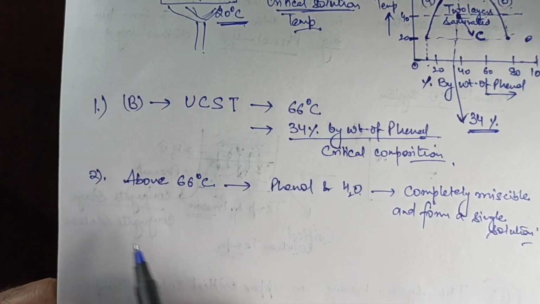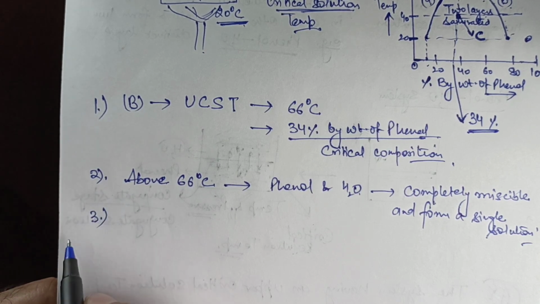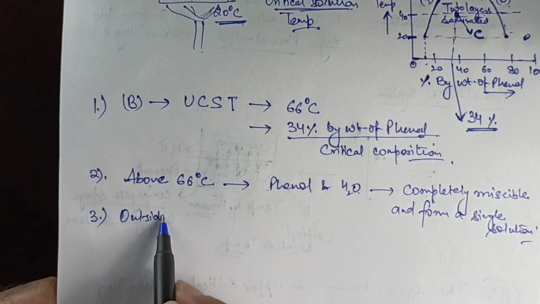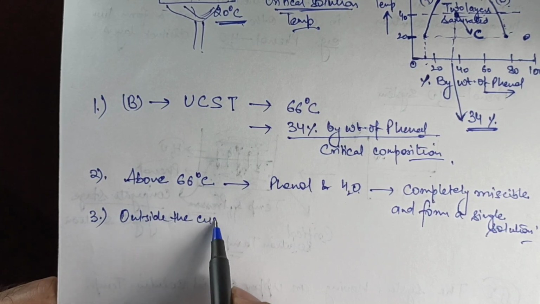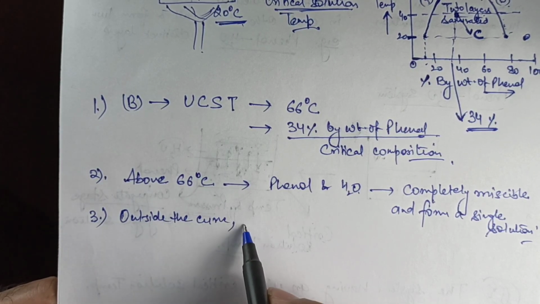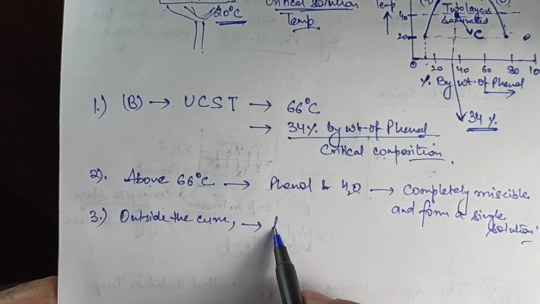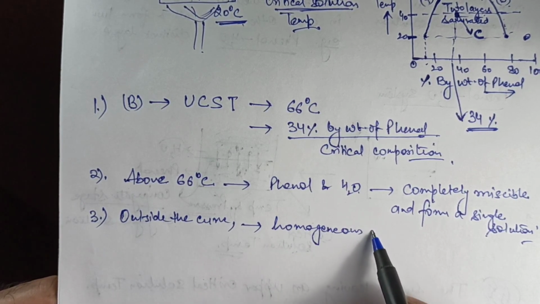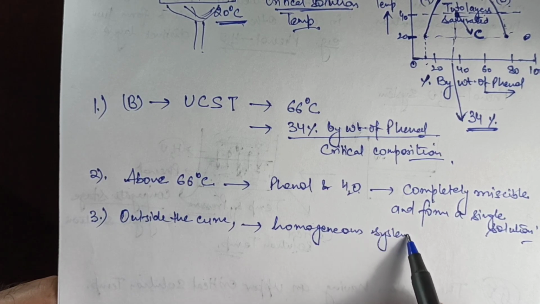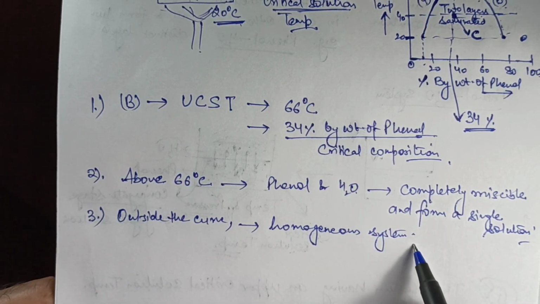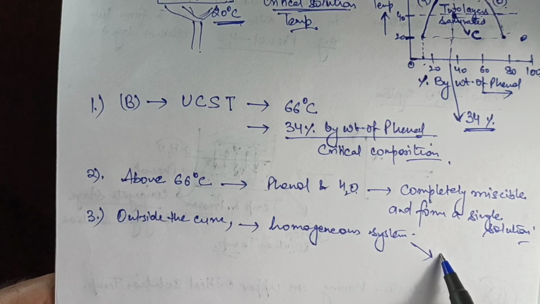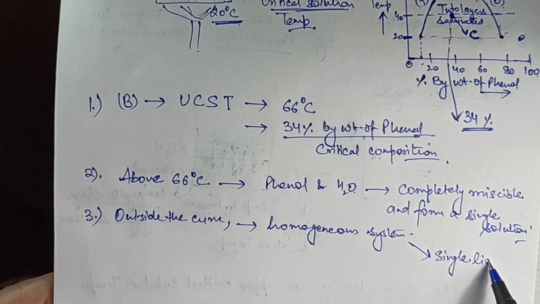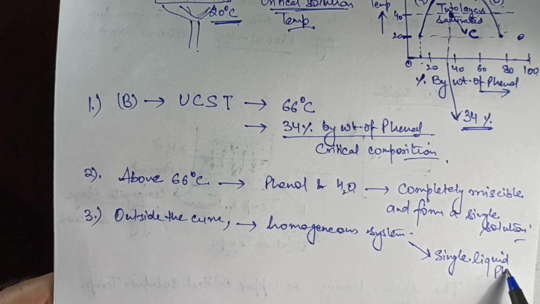Now the third point, which is outside the curve. As I already told, the system will be a homogeneous system and consist of only a single liquid phase.